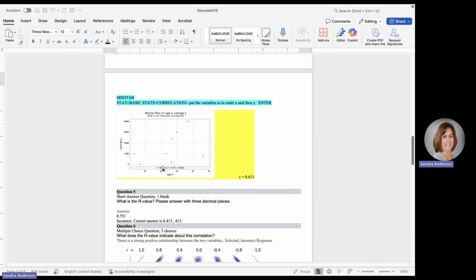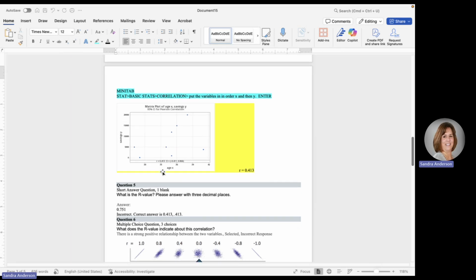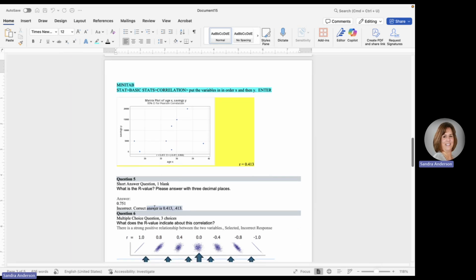And that R, you'll see right here under the plot of the points, is 0.413. So that is what your answer would be.